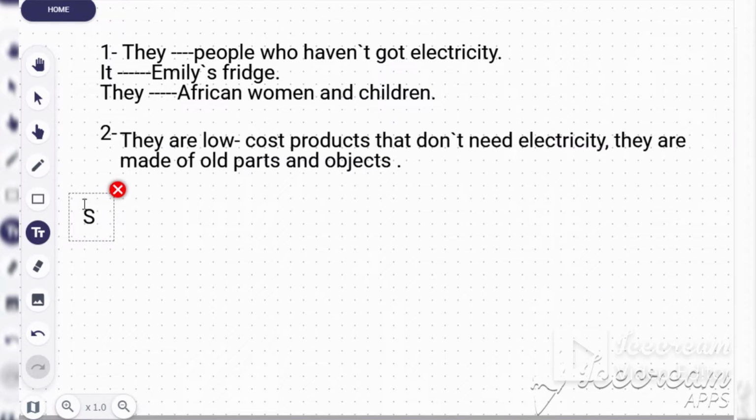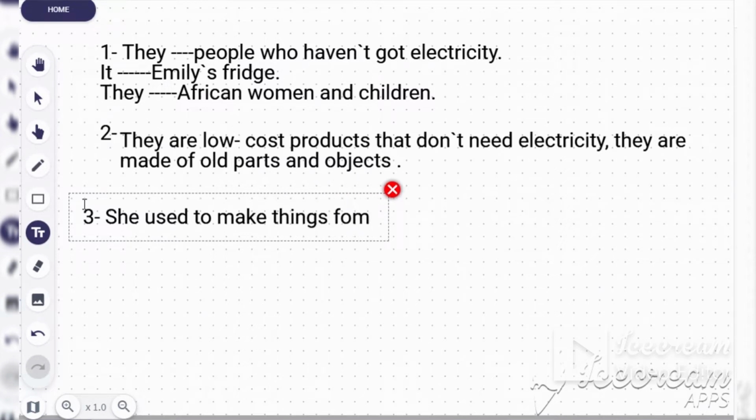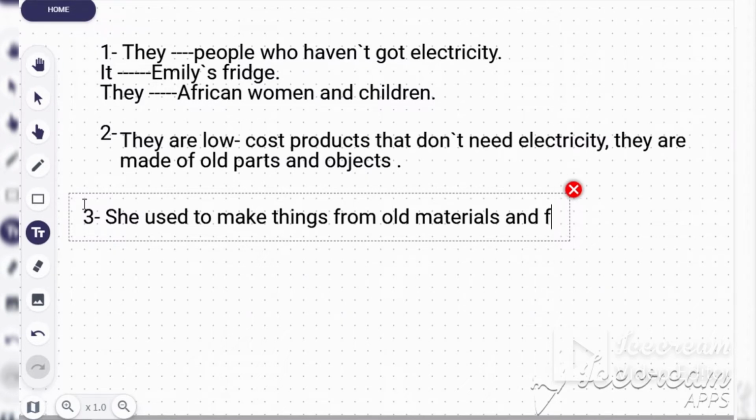She used to make things from old materials and from old things she found in her grandfather's garden.